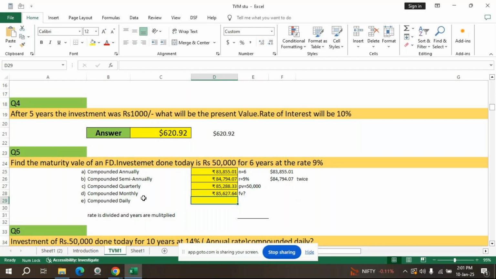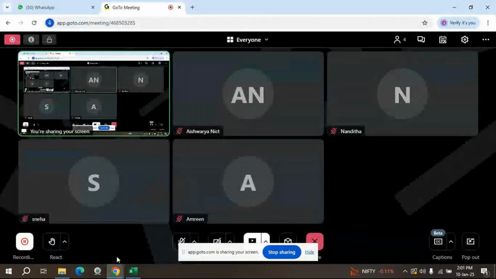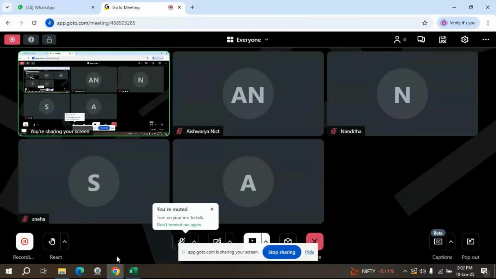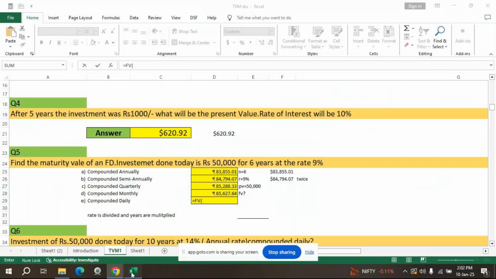Compounded daily. So it is equal to FV open bracket. Then the rate is 9%. How will it be compounded? It is compounded daily, so divided by 365.